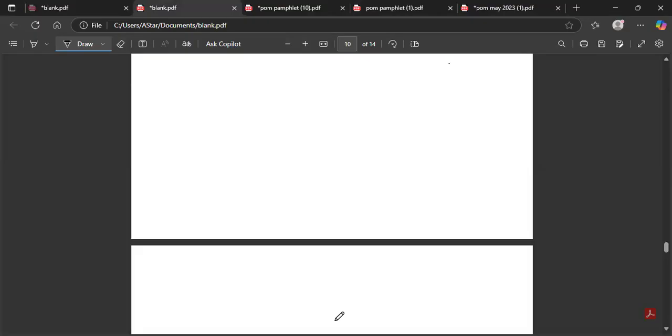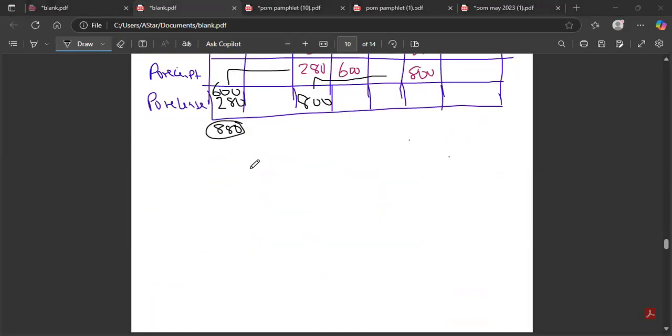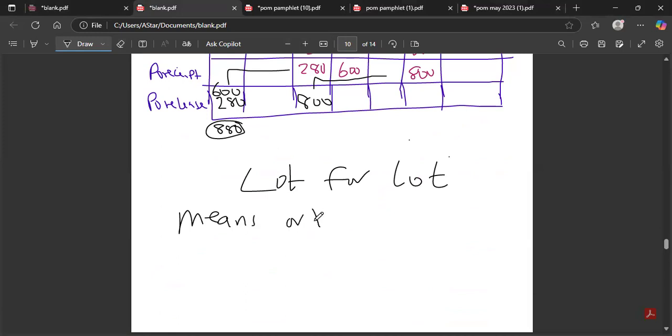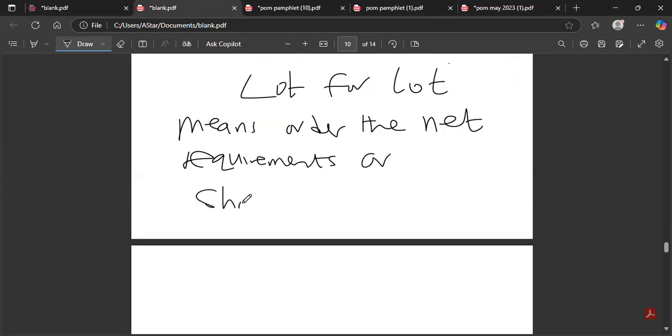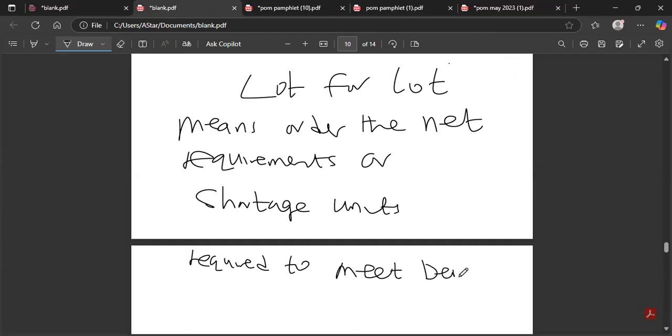Lot for lot means order the net requirements, or shortage units required to meet demand. Okay.